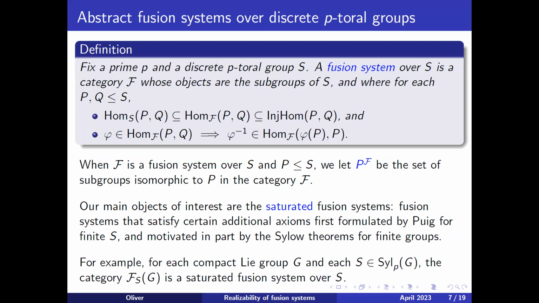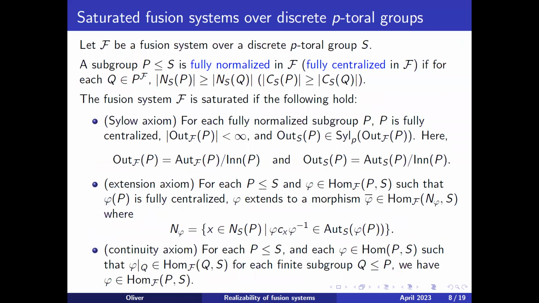And just to mention it here, for each compact Lie group G, and each Sylow p-subgroup S of G in the sense mentioned earlier, the category F_S of G is a saturated fusion system over S. This statement will make sense once I've defined saturated fusion systems.